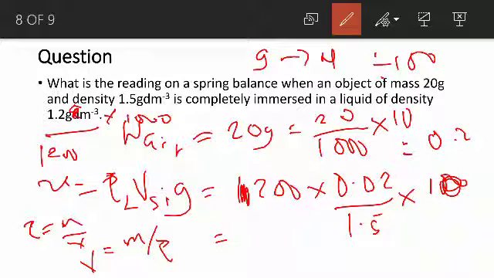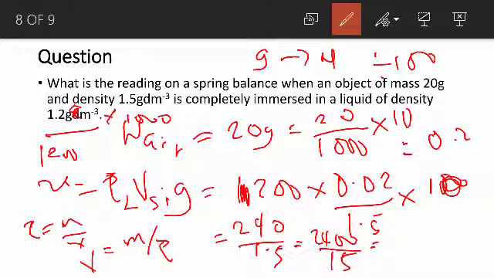So if we multiply this, we are going to get 240 divided by 1.5, or you say 2400 divided by 15, which is divided by 5. That means 160.